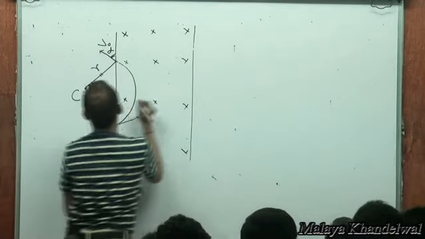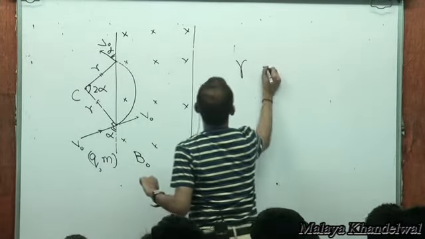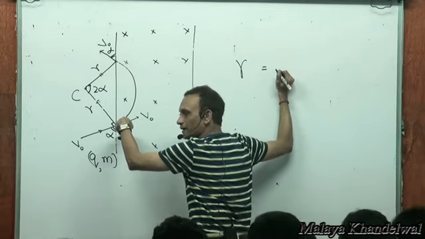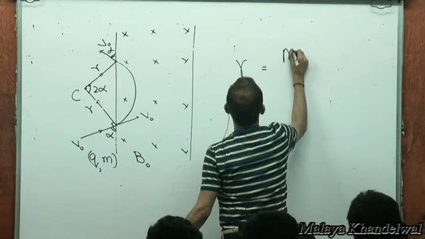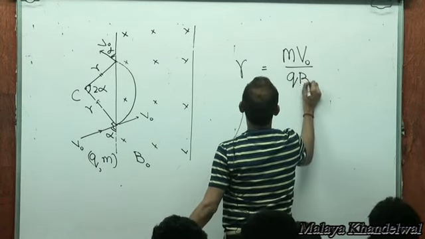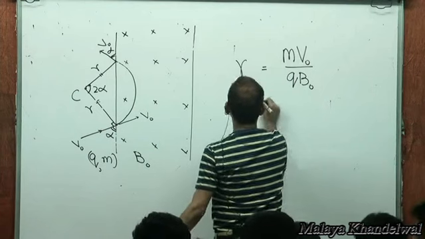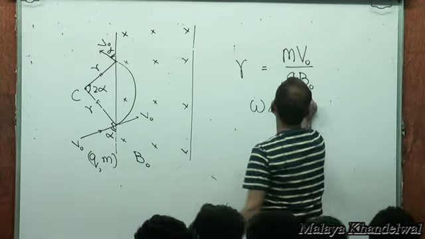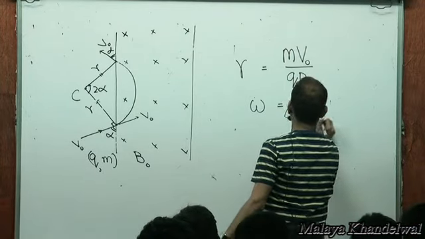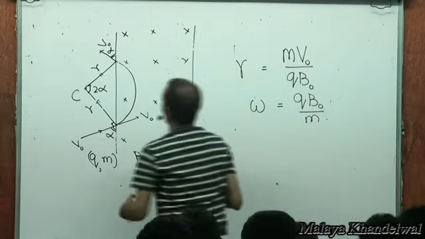The radius R of the circle, V is still perpendicular to B. V is like this, B is going into the plane. So radius of the circle is going to be mv0 by qB0. The angular velocity is going to be qB0 by m.